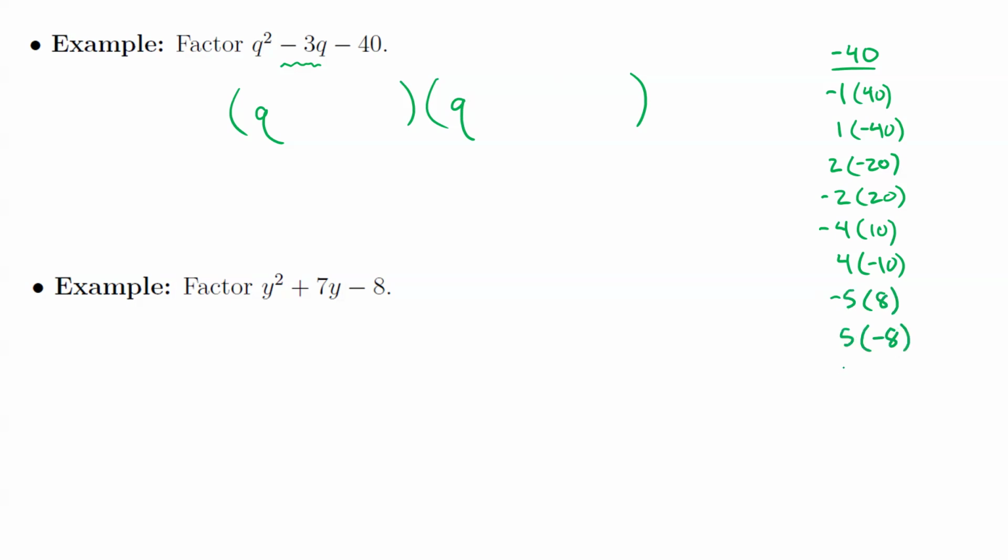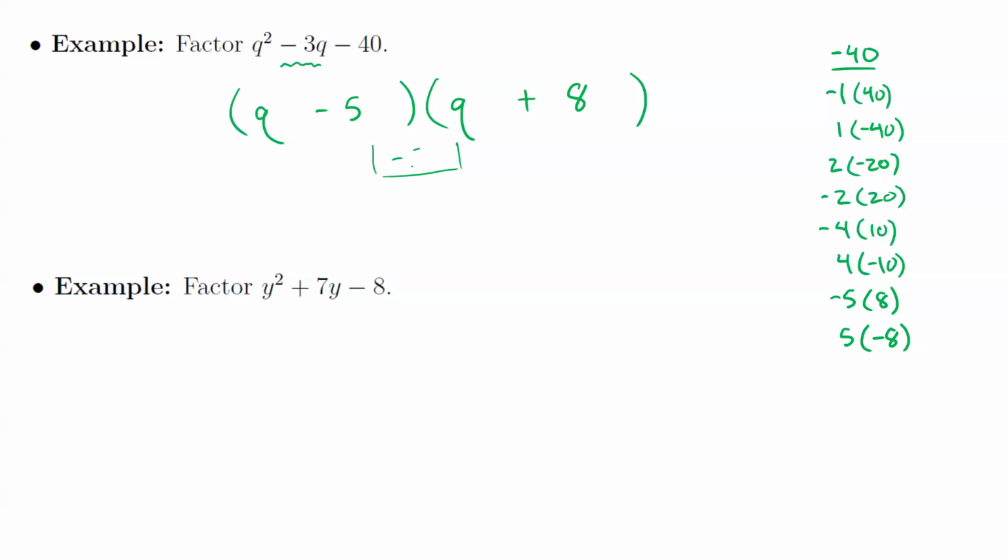All right. Now, what I'm going to do is make the wrong choice on purpose here momentarily. So let's say I wrote down the negative 5 times 8 and I got excited because I realized, oh, negative 5 and 8, that gives me a 3. And immediately I wrote down minus 5 plus 8. This is going to be wrong, by the way. So don't maybe write this part down yet.